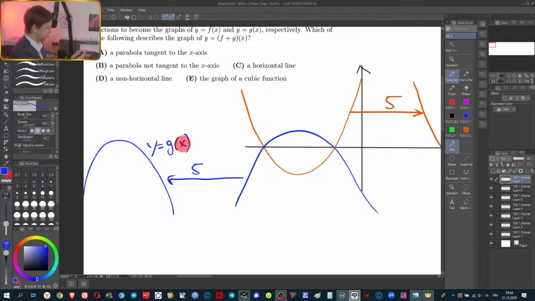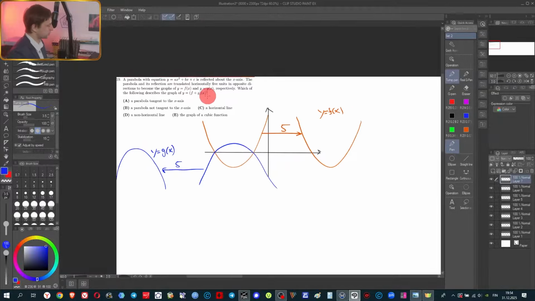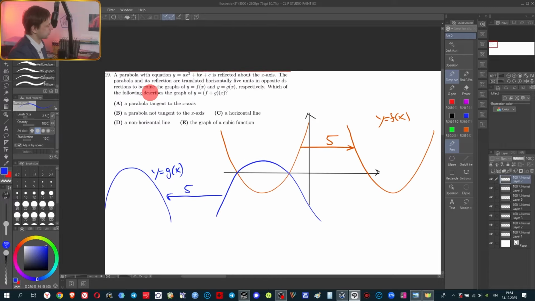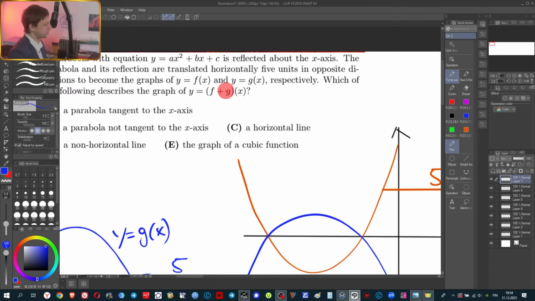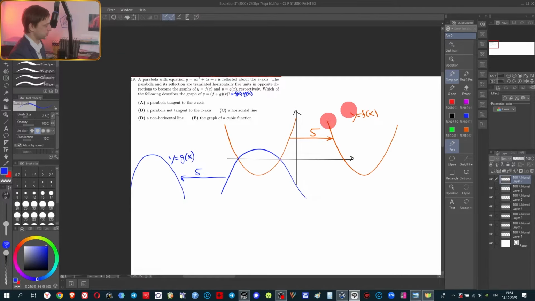So now we perfectly understand what the process is here, but they ask us to describe the graph f plus g of x. When you see f plus g, it always means f of x plus g of x. So basically you need to add these two parabolas and tell something about the graph.